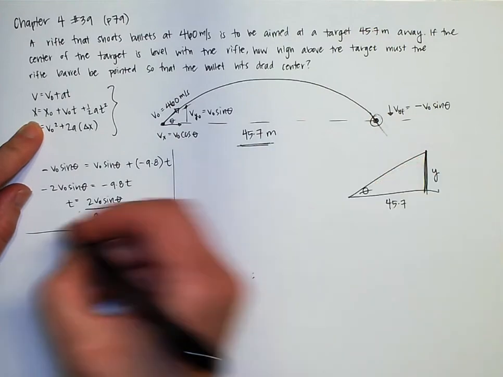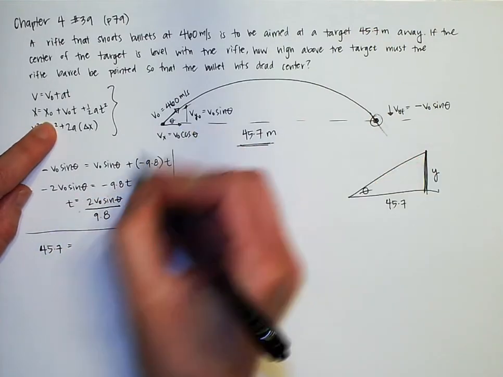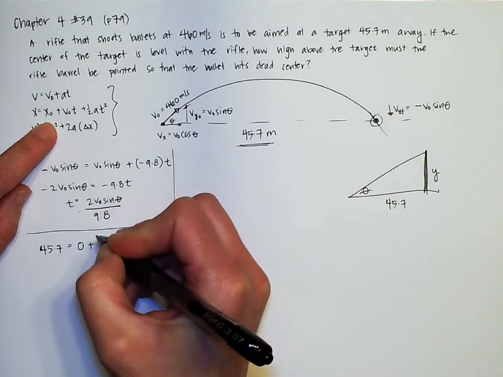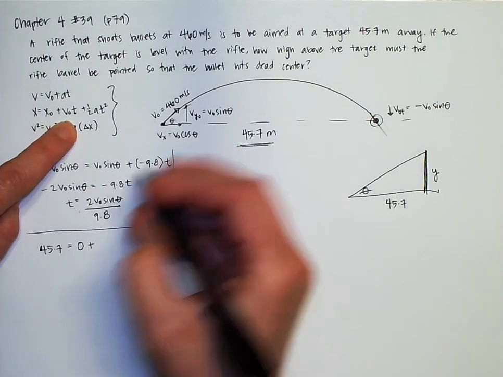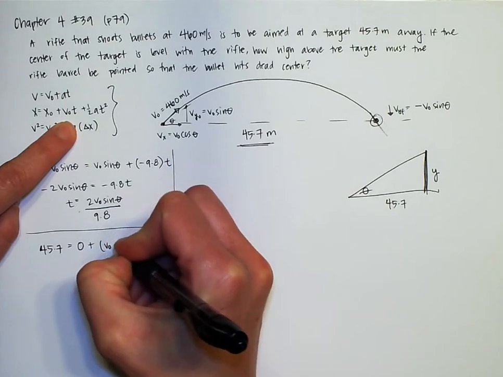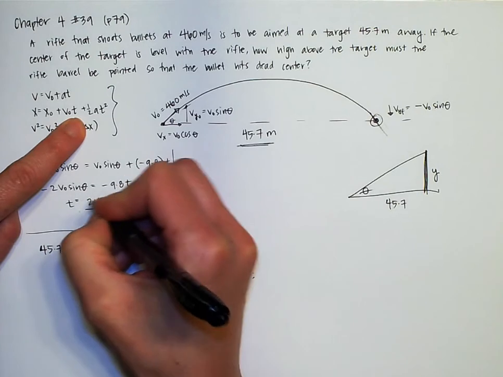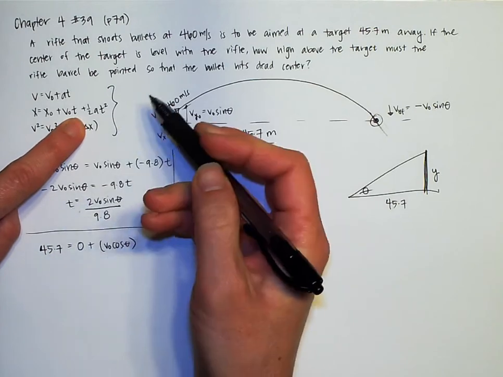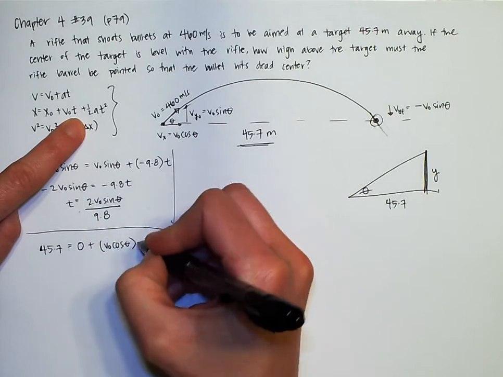So x final is going to be 45.7. My x initial starting here is 0, plus my initial, and of course now we're dealing in the x direction. So my initial x velocity is V naught cosine theta times time. But luckily for us, time is always the same between the x and the y. And so I'm going to plug in what we have right here for my time.